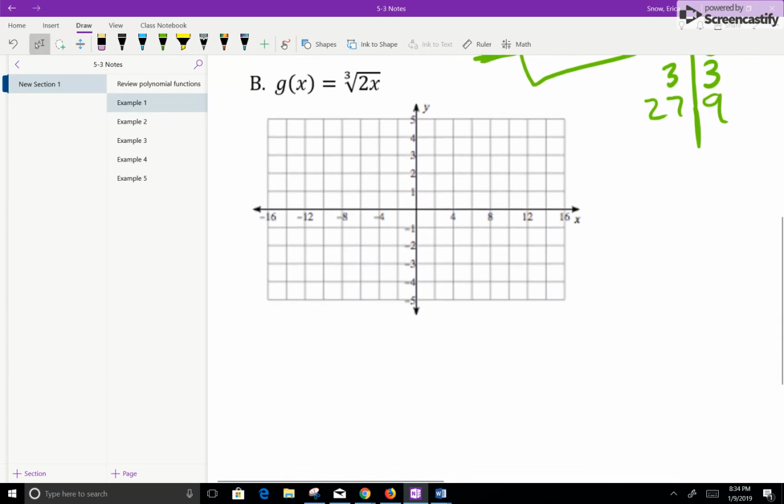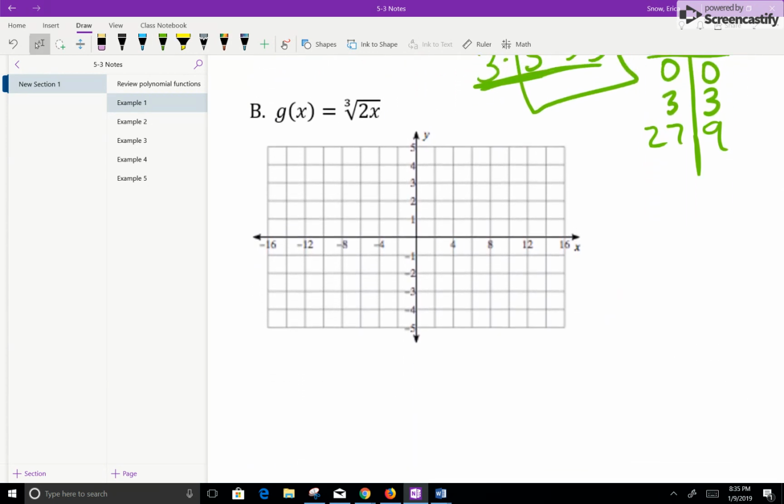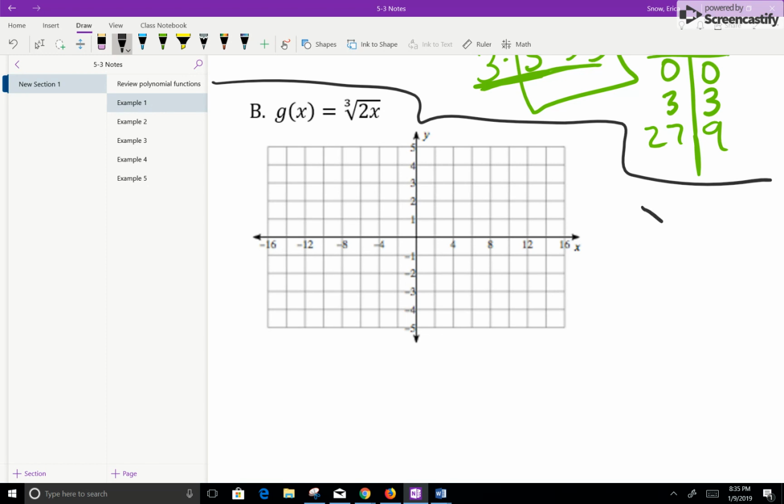Now, if we look at B, we're going to look at the parent function. I'm going to draw a line here for you guys. Hopefully you have enough room to take notes in your books. But with this one, if we look at the cube root function again, so y equals our parent function, which is the cube root of x. In this case, we want our x's, again, to be the perfect cubes, so that when we plug them in, we're getting nice, pretty numbers out for y.